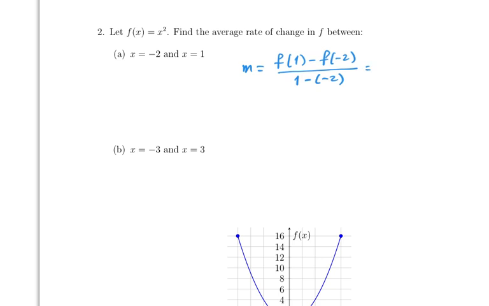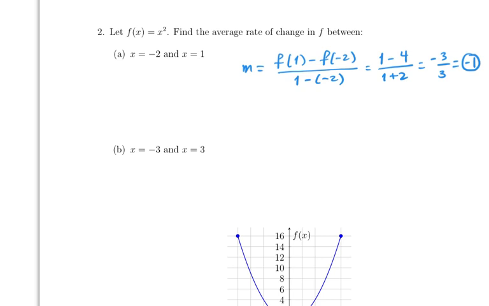We did the top already. f of 1 was 1, and f of minus 2 was 4. And then this is 1 plus 2. So notice that this will give you minus 3 over 3, which is negative 1. And if you switch it around, you'll still get negative 1. So that means the slope is going down.